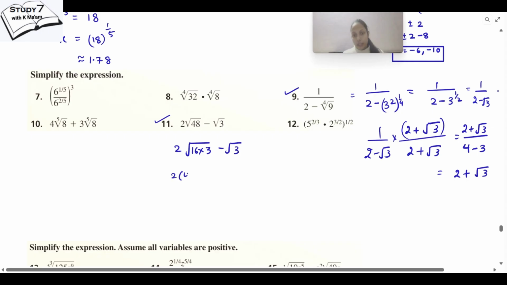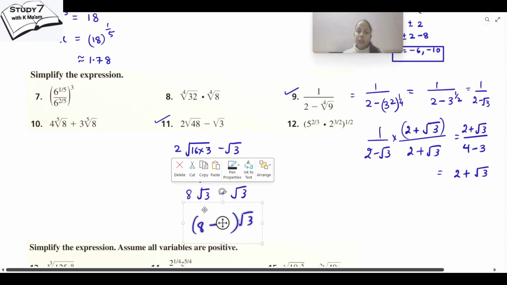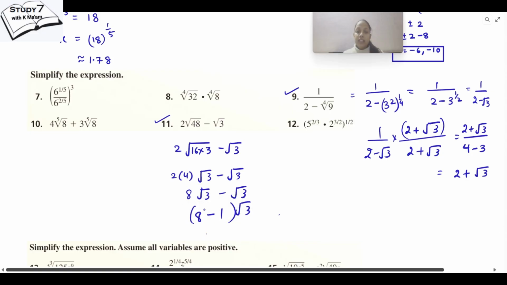So 4 taken out, root 3 left. 4 2s are 8, 8 root 3 minus root 3. Both have root 3, so I take it common. Here 8 left, here minus 1 left. 8 minus 1 is 7. So your total answer is 7 square root 3. Okay.